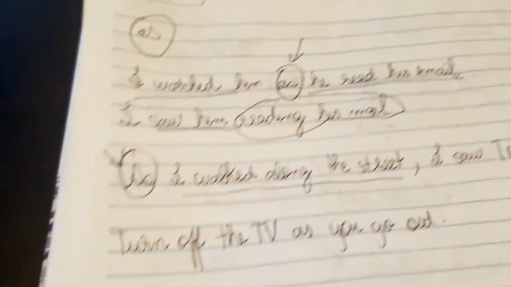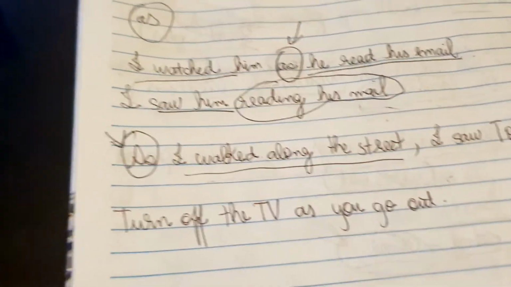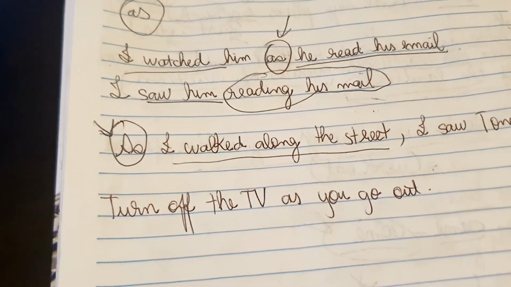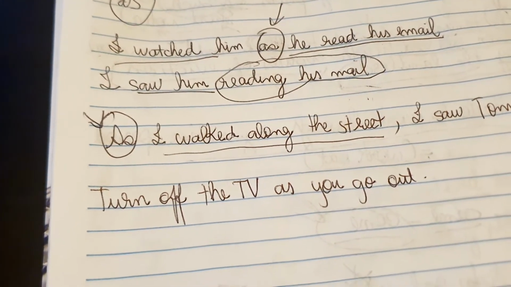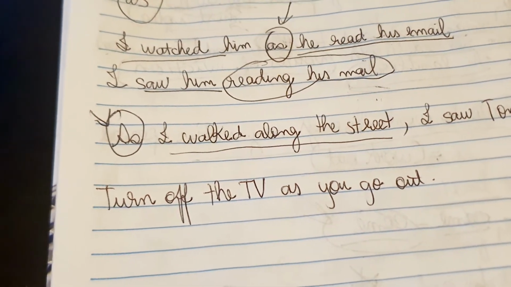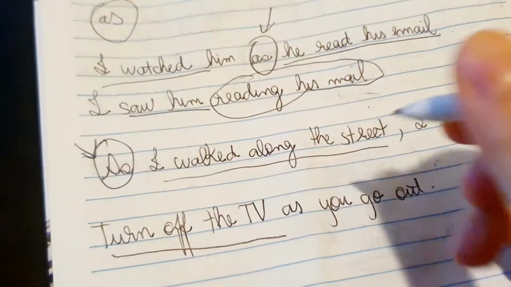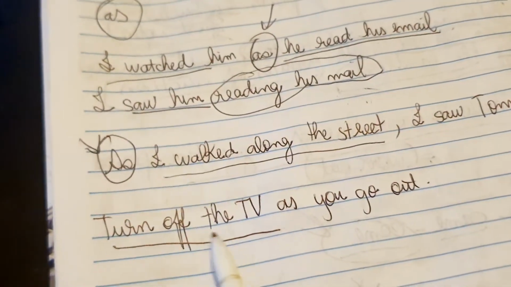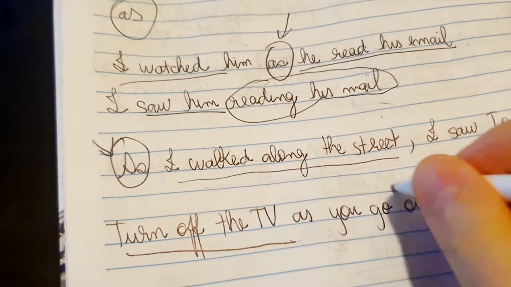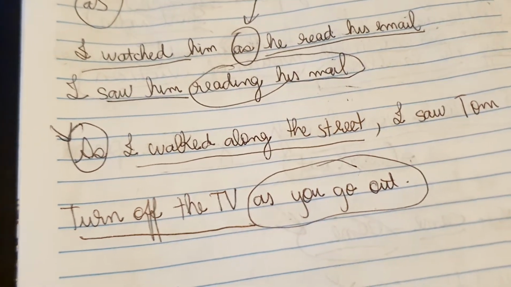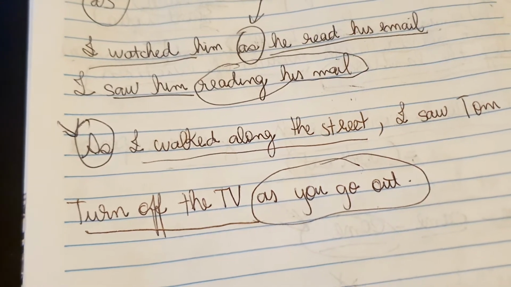You are at home watching TV. And then you have to leave for some reason, right? Or you don't want to watch TV anymore. So here, your mom or your father says, turn off the TV as you go out. So if you go out, when you take the decision, when you are actually going out, turn off the TV.